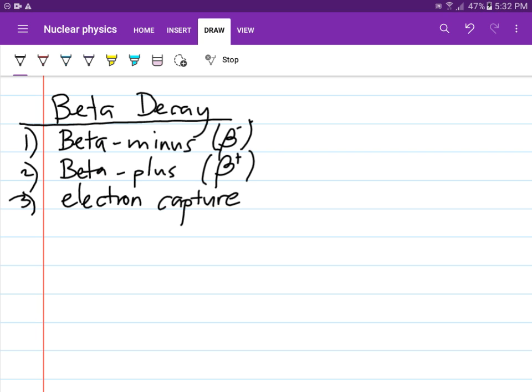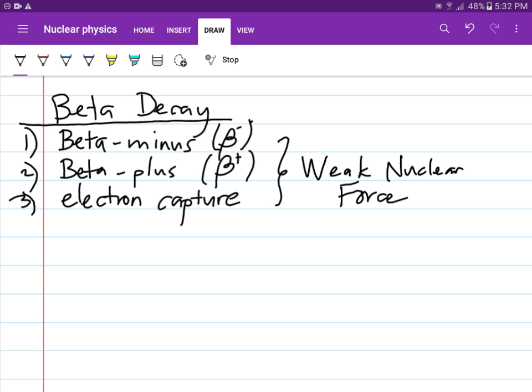These three kinds of beta decay are produced because of the weak nuclear force, or sometimes they call it the weak interaction.